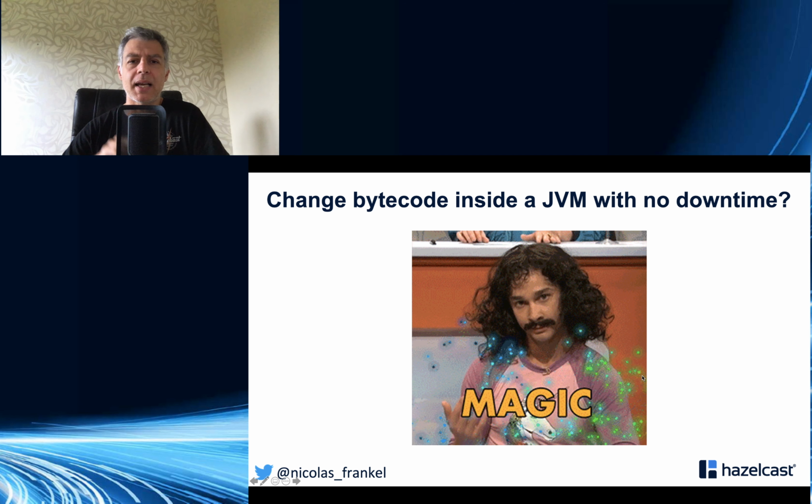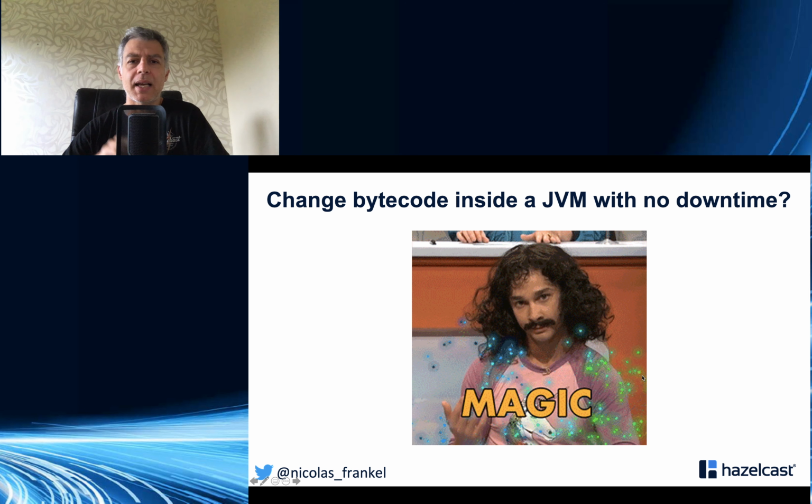The attach API is a very easy concept. It allows you to load an agent into a running JVM from another JVM. So you have this production JVM and you run a new JVM that will attach new code into the running one.